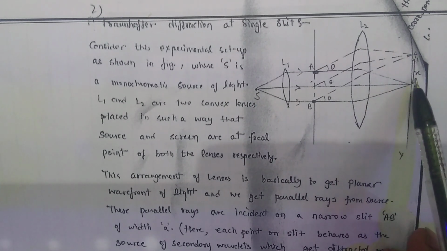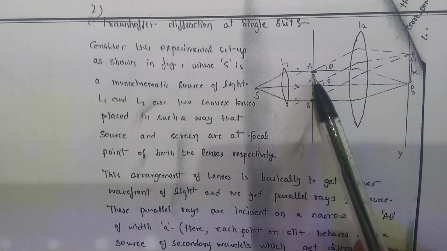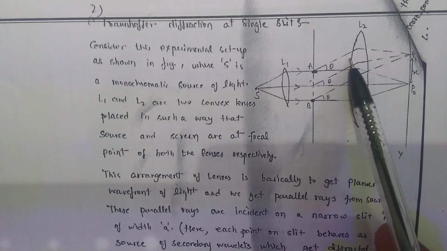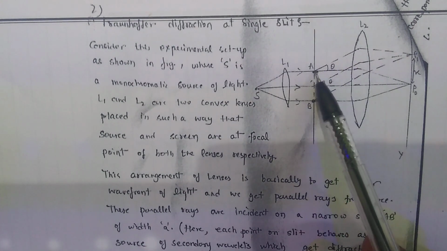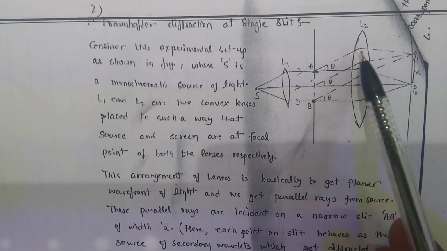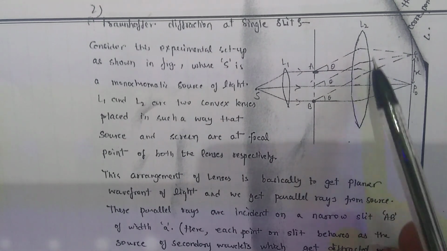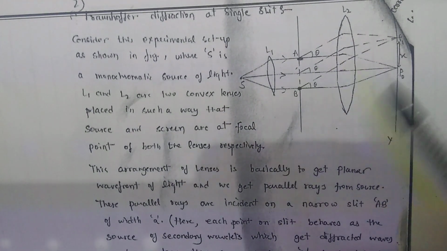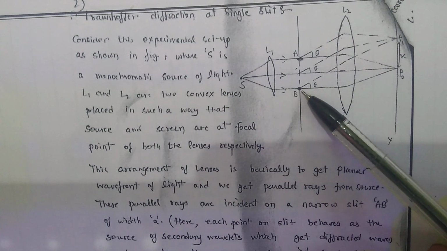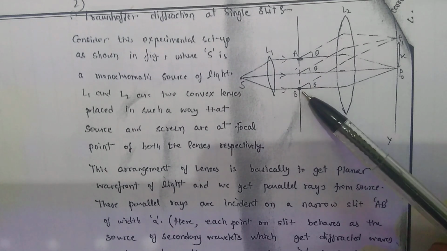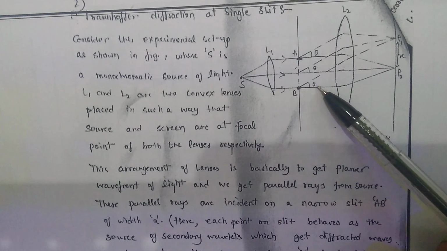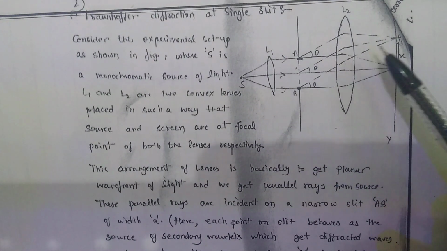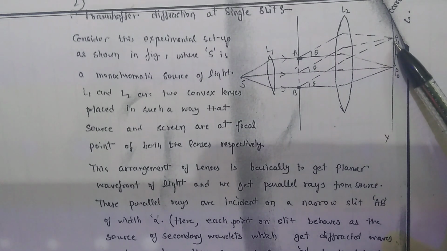Suppose a secondary wavelet source travels from A and is diffracted by some angle theta from the initial direction of propagation and falls on this point P, and another secondary wavelet source travels from B, is also diffracted by the angle theta, and also falls upon the same point.